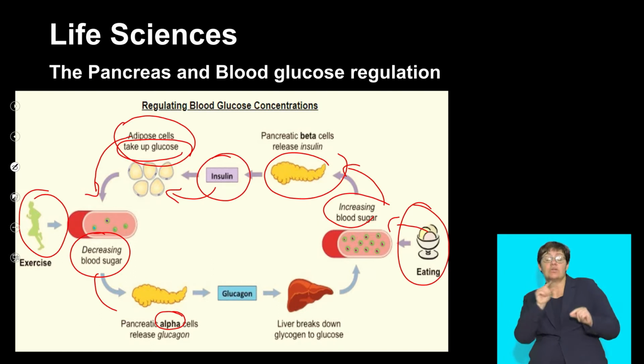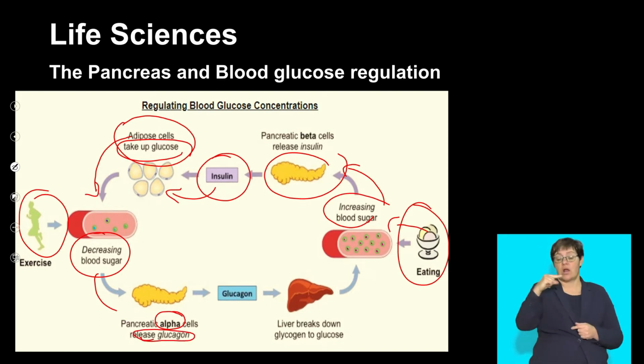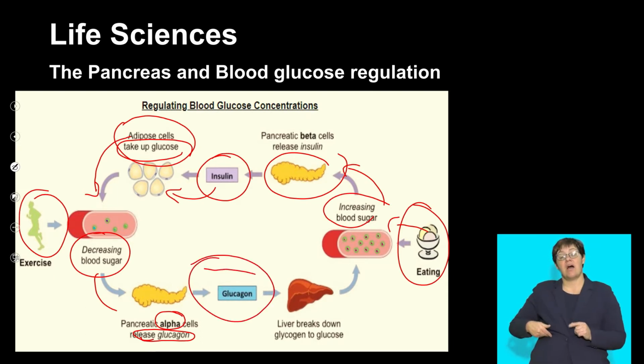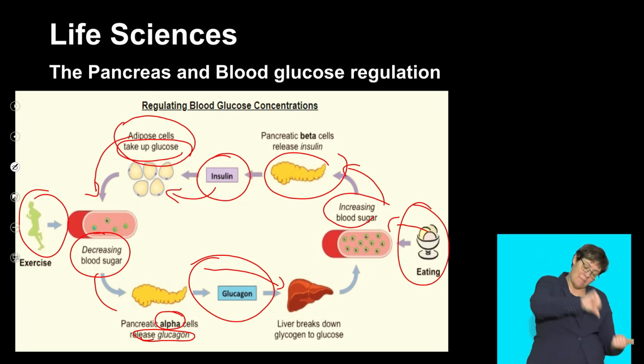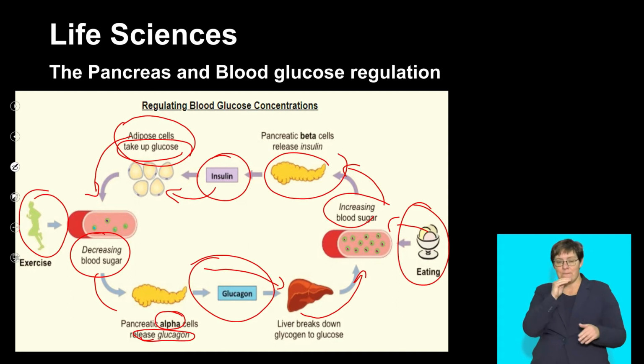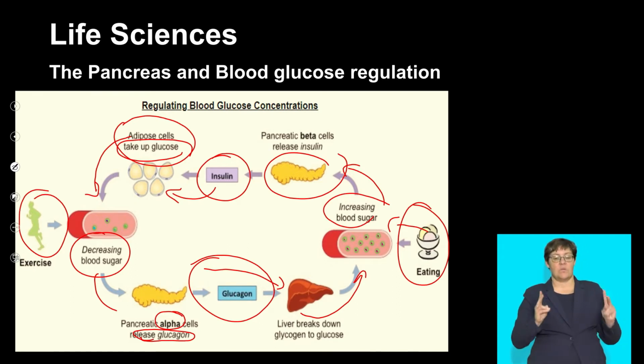These alpha cells will stimulate the pancreas to release the hormone called glucagon. Glucagon will then move into the bloodstream, get into the liver, where it will help the liver to break down the stored glycogen back into glucose, releasing that back into the bloodstream, thereby bringing the blood sugar levels back to normal.